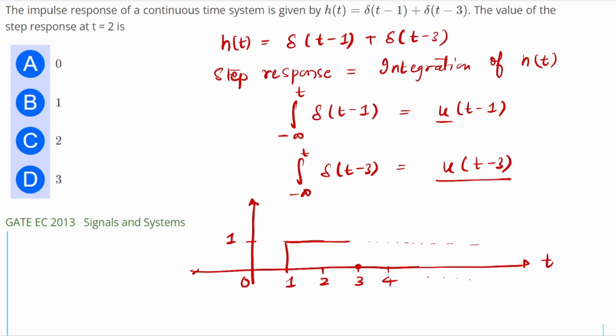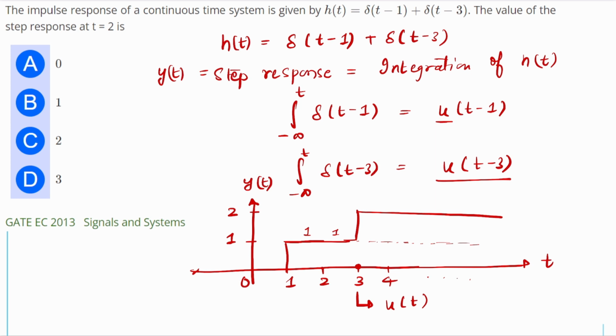So at t equals 3, another u(t) signal is added. So it was 1 before, it will become 1 plus 1, so 2 here, like this. So this is the complete step response signal, if I write y(t). So this is your step response y(t).